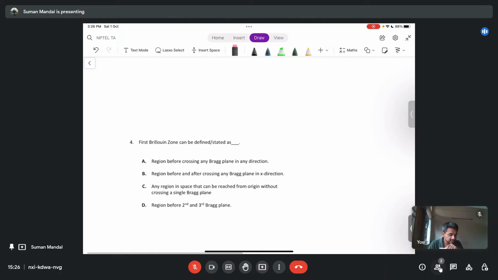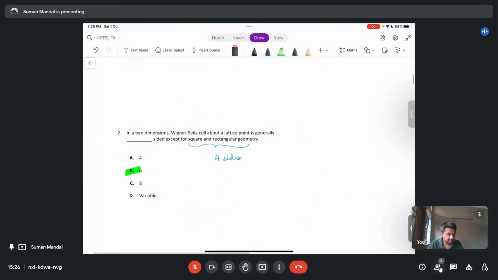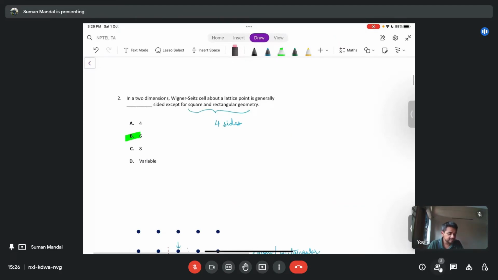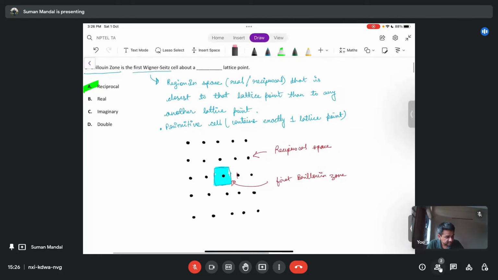So we saw it in this figure that if it's a reciprocal lattice point, then these planes, as we have defined later in the third question, are Bragg planes.